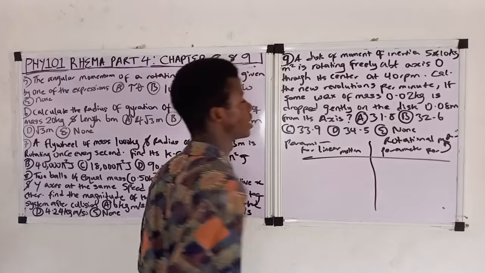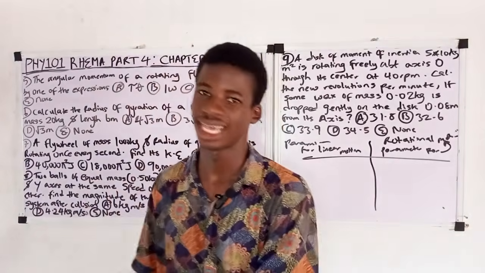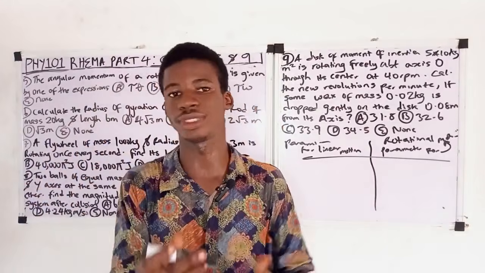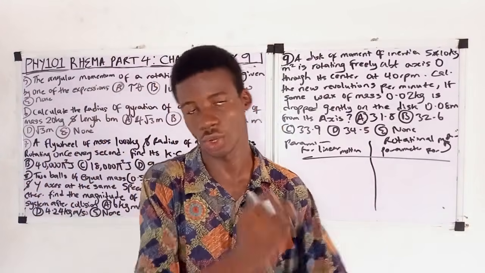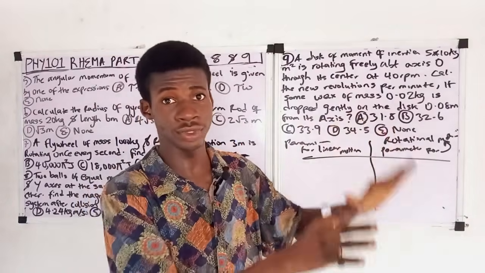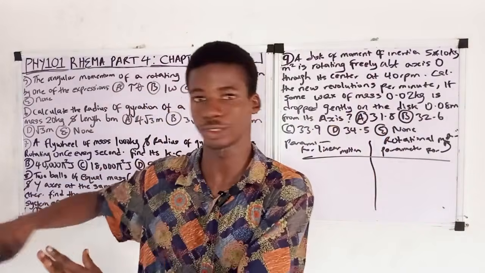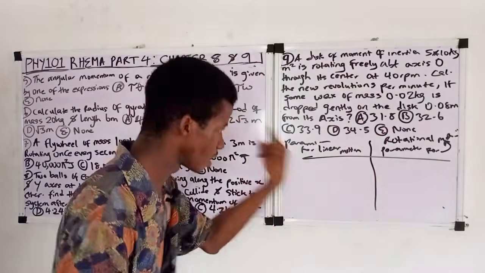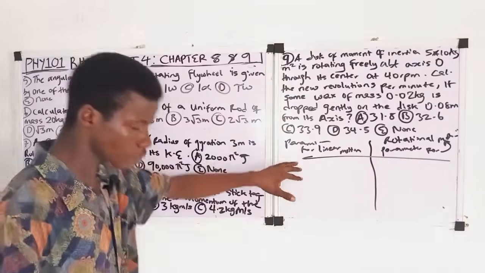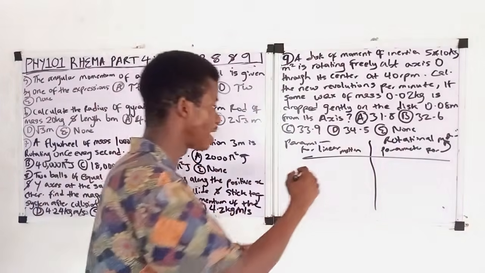Now the parameters we use in linear motion are analogous to those we use in rotational motion, and vice versa. Let me explain. In linear motion, velocity is v.